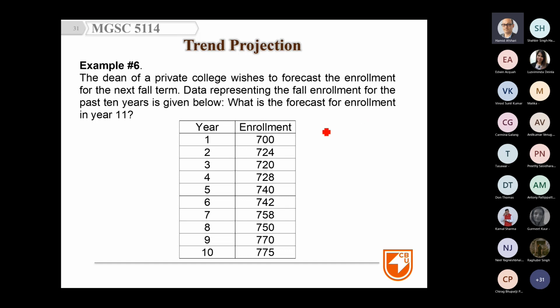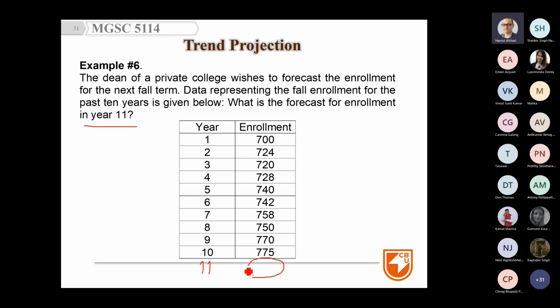What is the forecast for enrollment in year 11? So I have the data for 10 years. I don't know how much the enrollment of year number 11, which is the next fall, will be. I'm asked to use trend projection in order to find how much the demand is in that period.